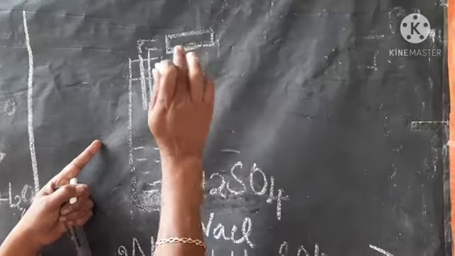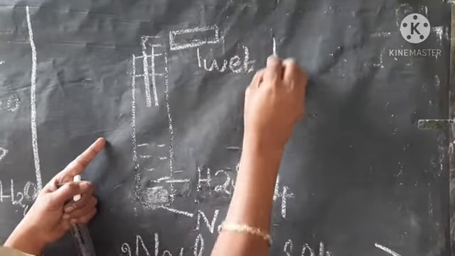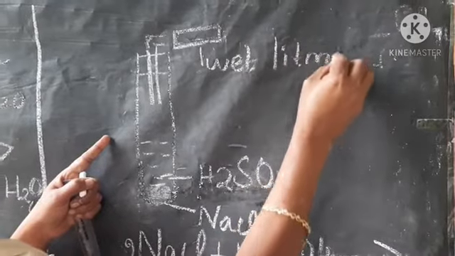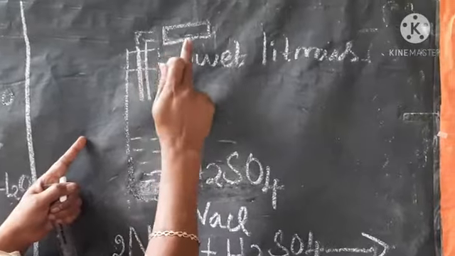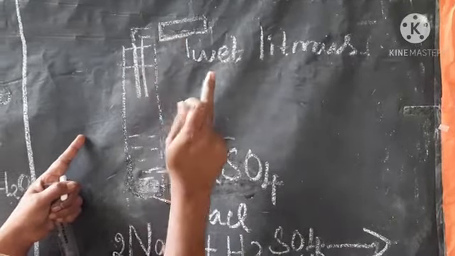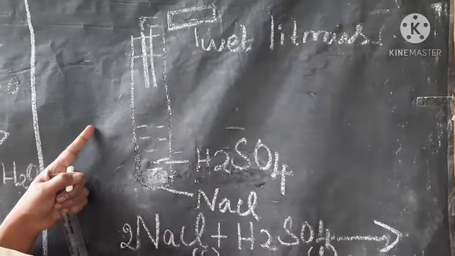Suppose if you bring the wet litmus paper, that wet blue litmus paper, suddenly the blue color will be changed into red color. If the color changes to red, it means that it is acid.